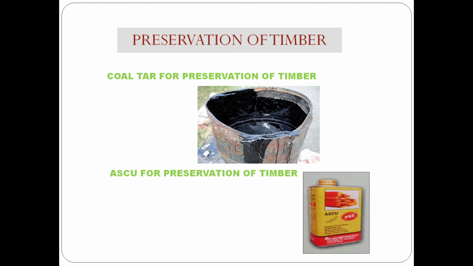The solution does not contain any odor. It is useful mainly to get rid of white ants. ACCA contains hydrated arsenic, copper sulfate or blue vitriol, and sodium dichromate or potassium dichromate.